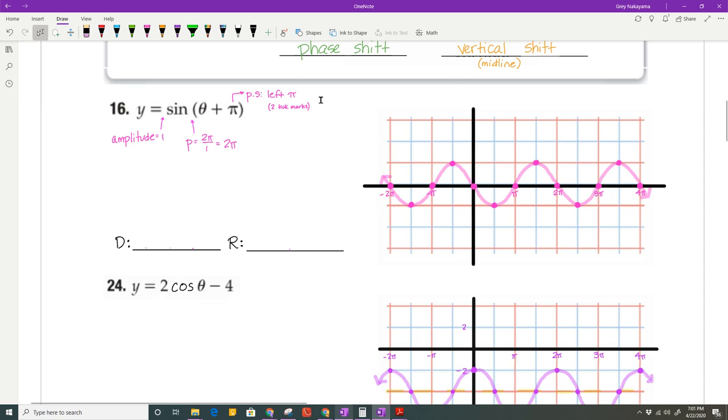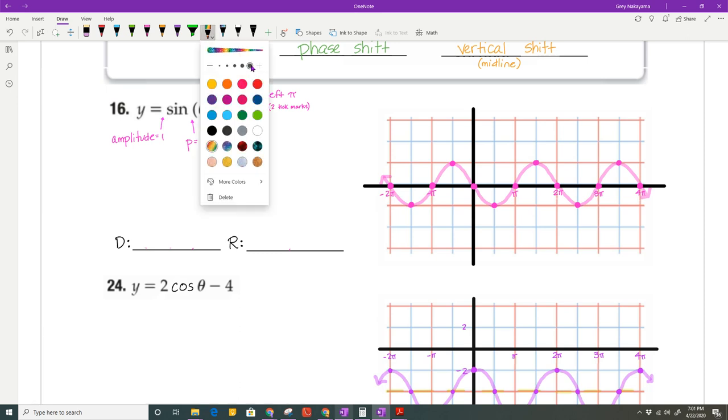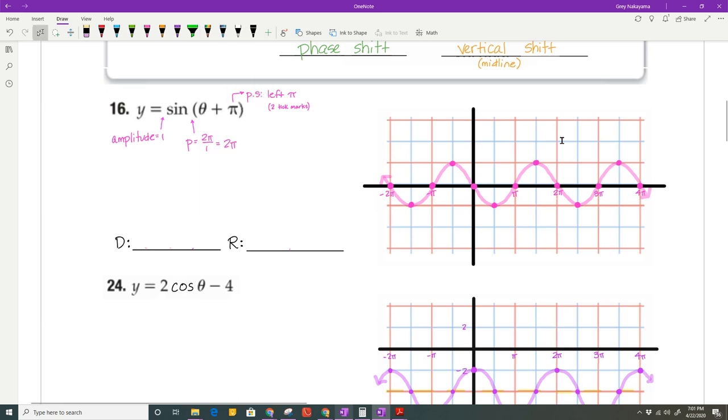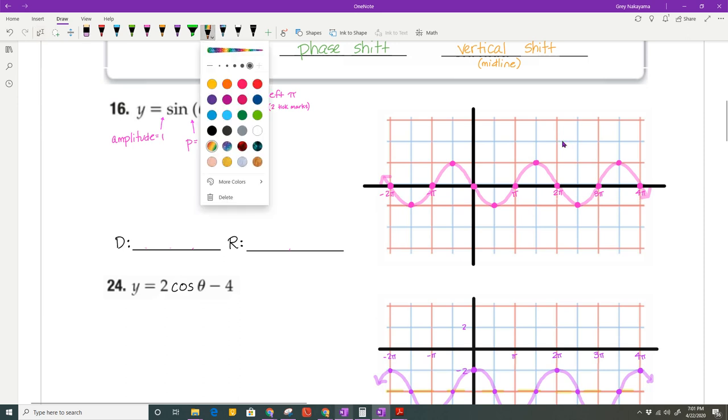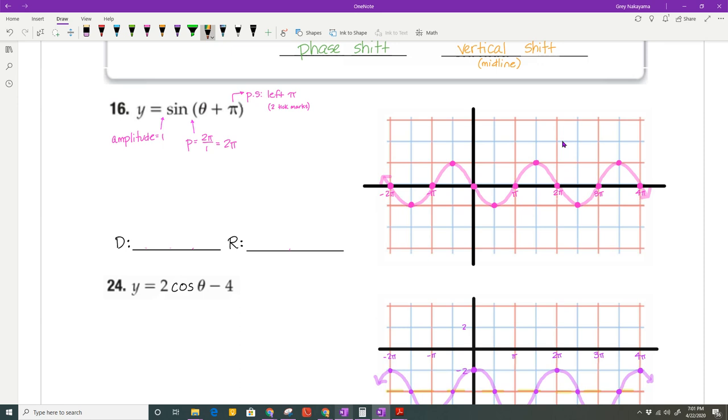So what I'm going to do is highlight 1 period, because that's how I always graph it. I start with that 1 period. I would normally start at 0. I'm going to go left 2 tick marks. That's going to put me right there.